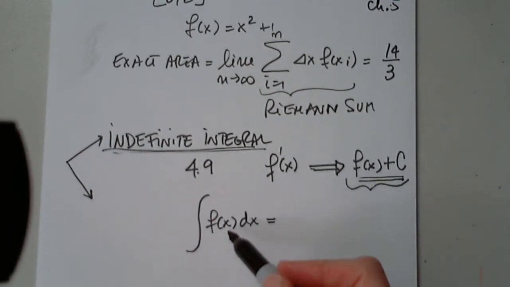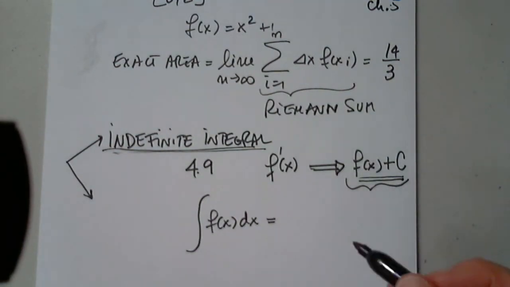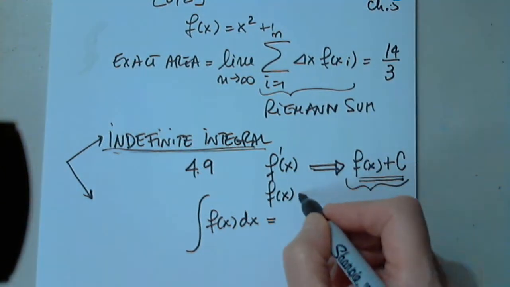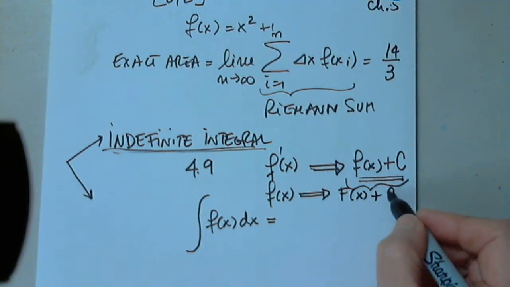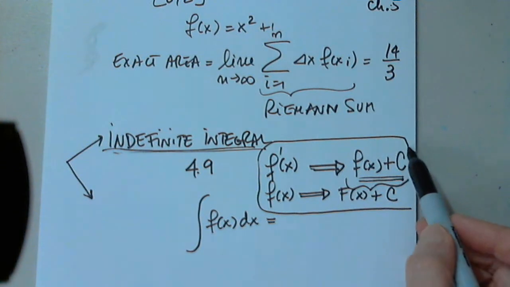And the answer is, if I'm given f of x, remember the second notation? I mentioned those last time. Let me mention again. If I'm given f of x, then I will determine the uppercase F of x plus a constant c. And again, you can say, what's the big deal?